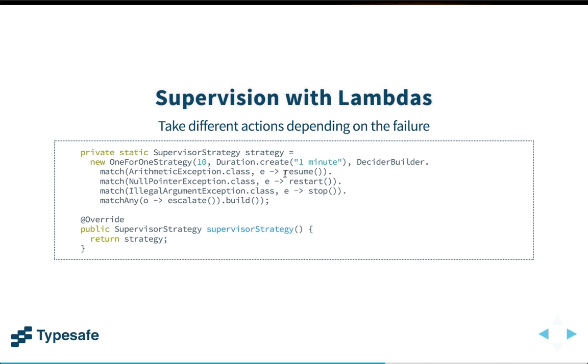Right here in this example, we really don't use that type in any interesting way, but you can easily write code that's very readable for seeing what kind of action will be taken with a child actor when it fails.